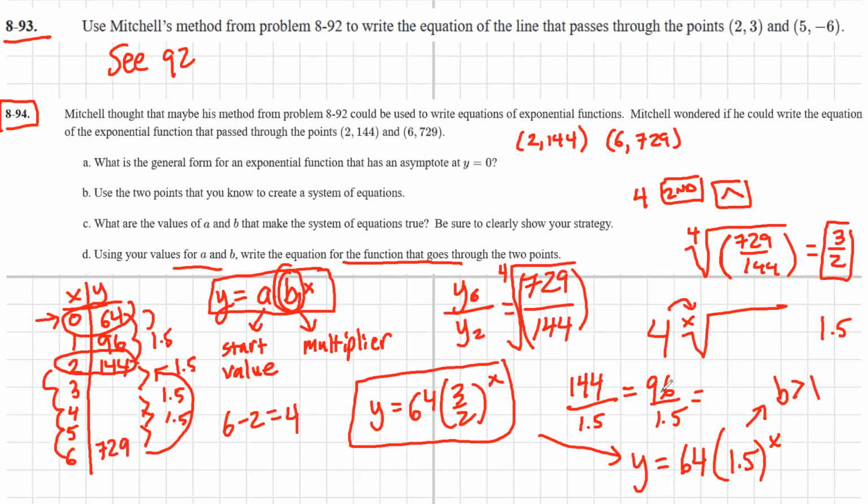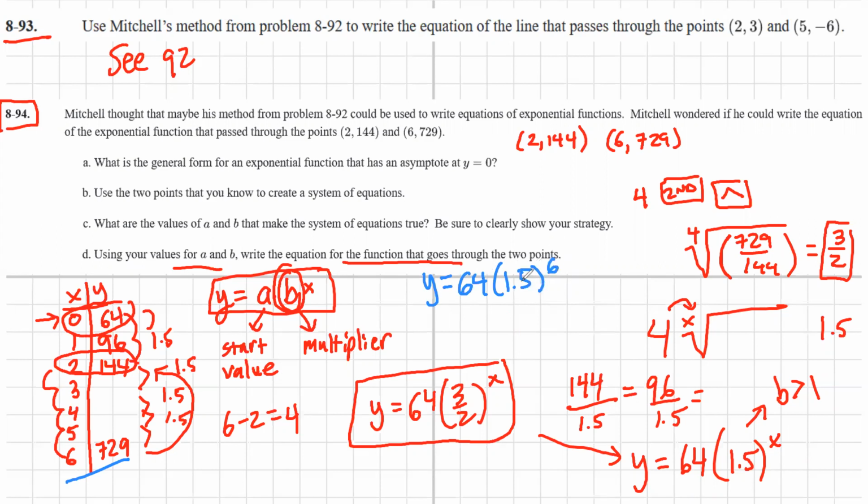There it is. I could test this out by plugging in a value in here. Let me erase some of this, and I'm going to plug in 6 and make sure I get 729, because you always want to test your equation to make sure it's right. So y equals 64 times 1.5 to the 6th power.